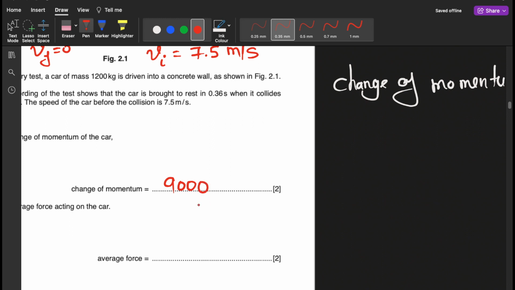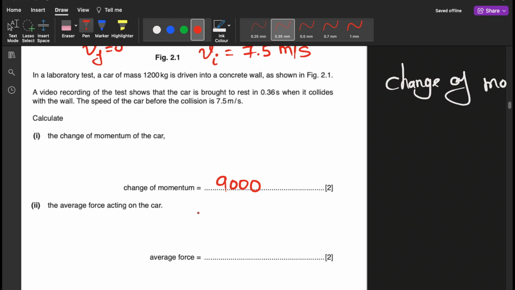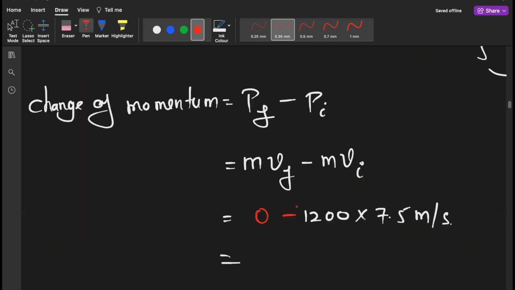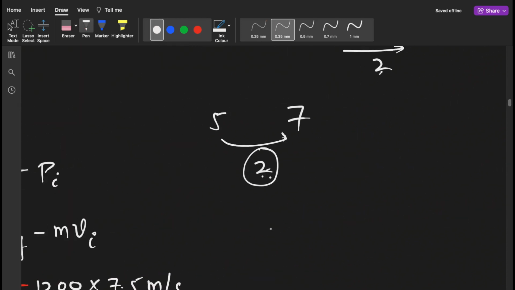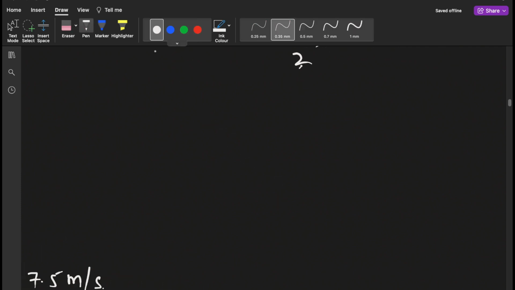What's momentum's unit? Is it meter per second? No. There is no need to memorize any unit. Let me at least teach you.